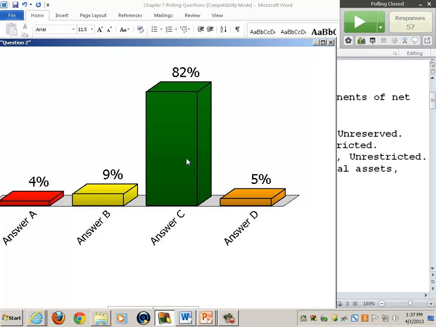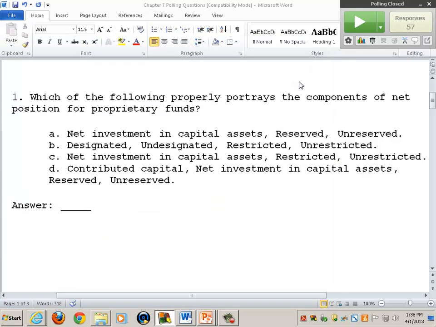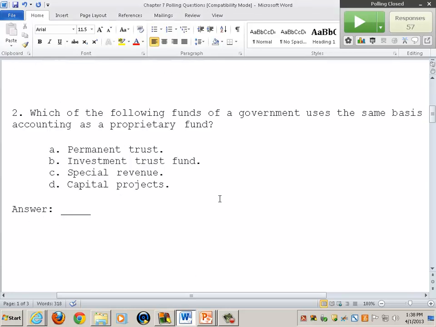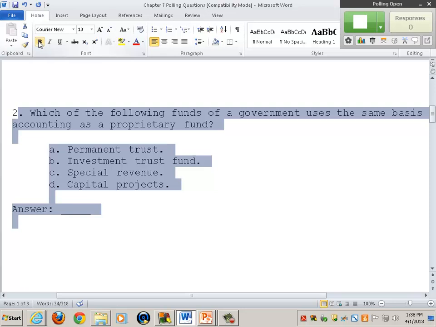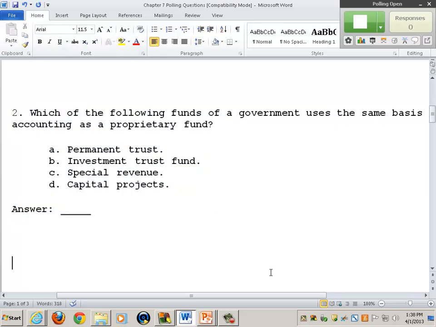All right, good show. It is what I just went over, which was net investment in capital assets, restricted and unrestricted. How about number 2? This is a different question.